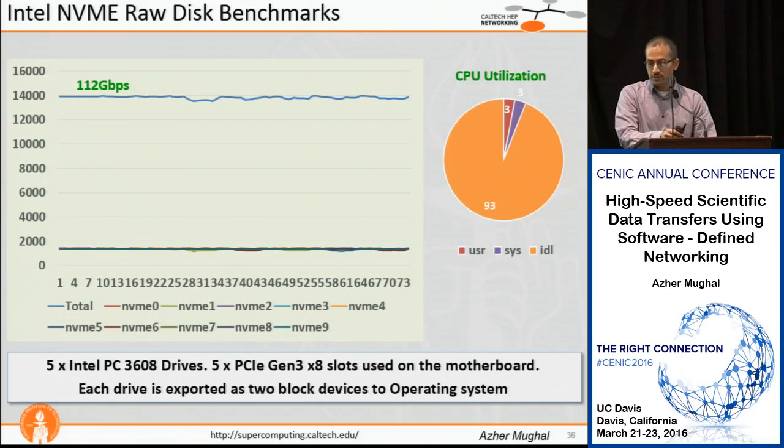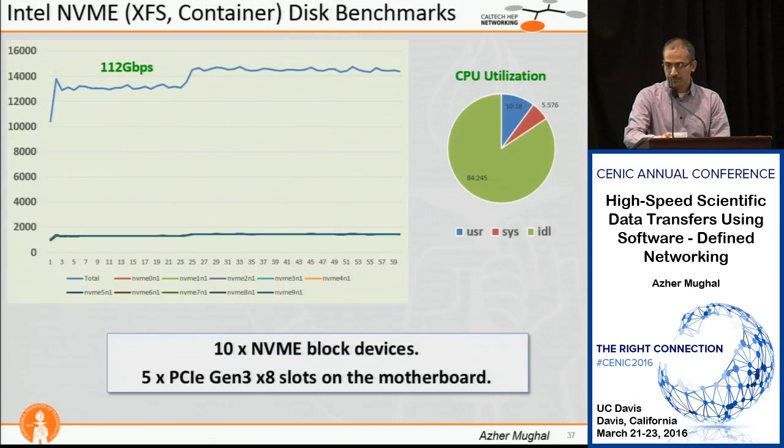The important thing here is that these 5 drives in aggregate can do 112 gigabit per second, and this is good enough to drive a 100 gig NIC. And the good thing is that these NVMe drives are fast enough that 93% of the CPU is idle, and only 6% is used by other applications.